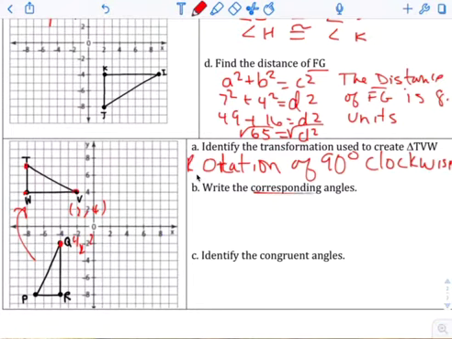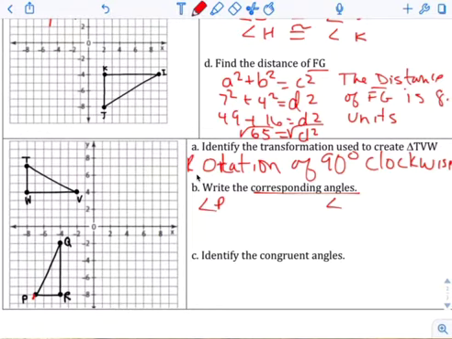Now the corresponding angles. Corresponding are not congruent, okay. I mean, they're congruent eventually, but they just want you to write corresponding. Let's start with P, the alphabet of P, Q, R, right?